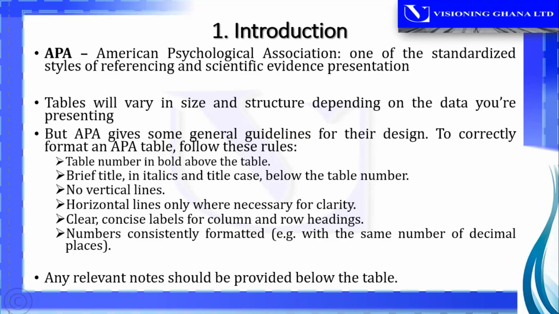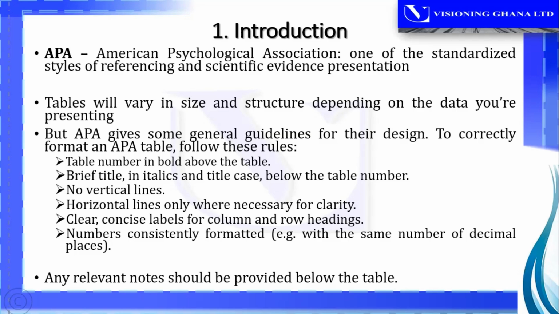So for us to correctly format an APA table, we must make sure that the following things are adhered to. So the first thing is that the table number must be written bold above the table. Another thing too is that the table has to have a brief title and it should be in italics and then title case below the table number.